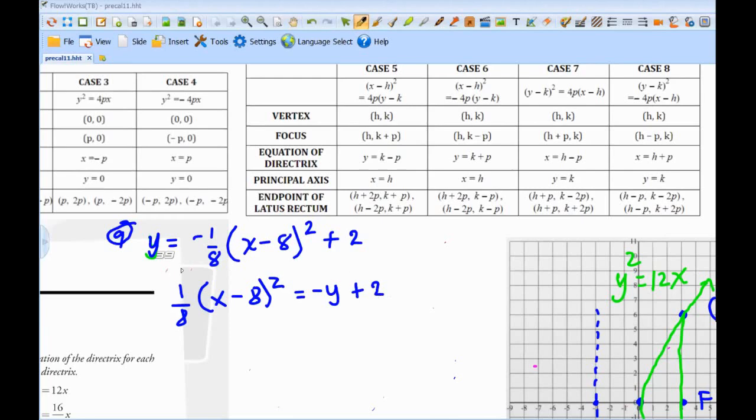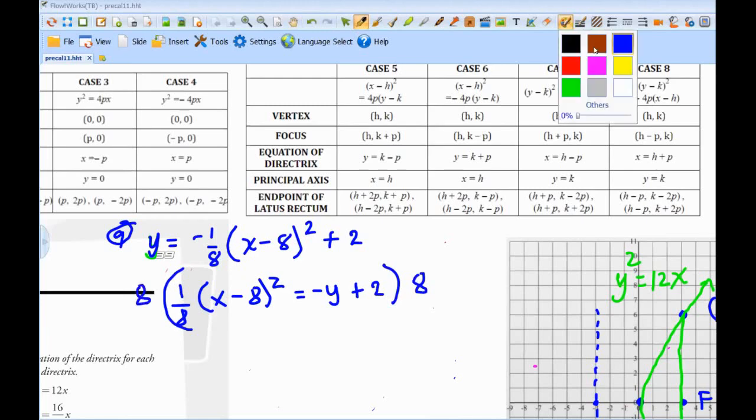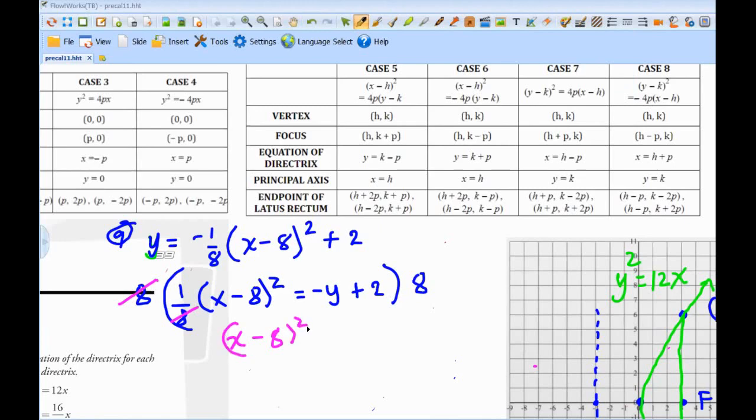Now we will multiply both sides by 8 so that the 8 will be cancelled as denominator. So (x minus 8) squared equals negative 8 (y minus 2). Why is it minus 2?